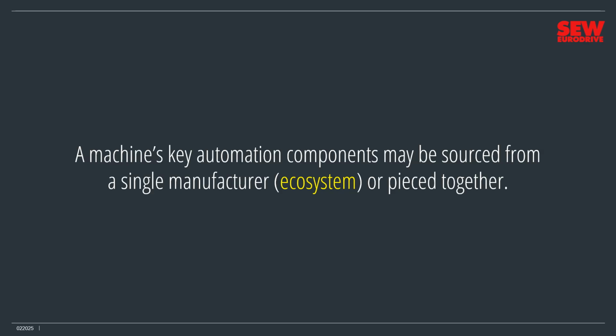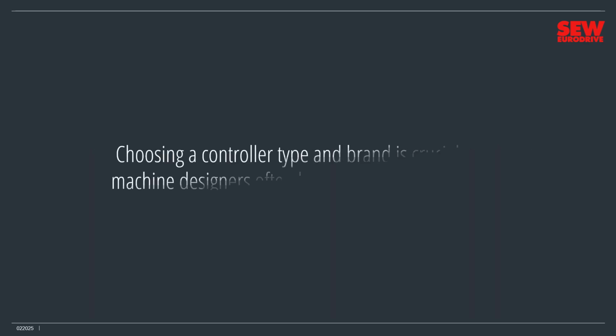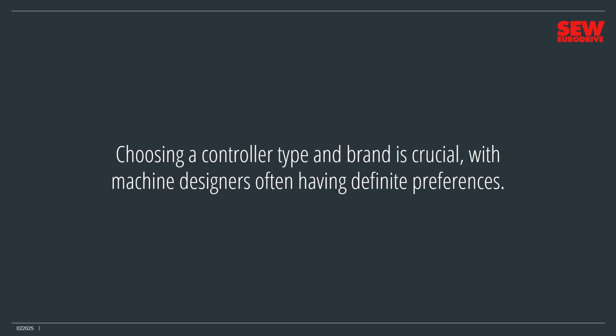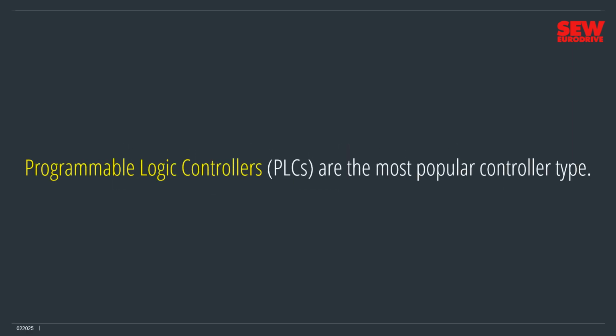Piecing a system together from multiple manufacturers, however, often provides greater flexibility or an economic advantage. Since the controller is the system's heart, choosing a controller type and brand is crucial, with machine designers often having definite preferences. Programmable logic controllers, known as PLCs, are the most popular controller type.